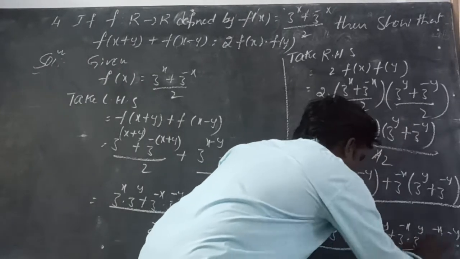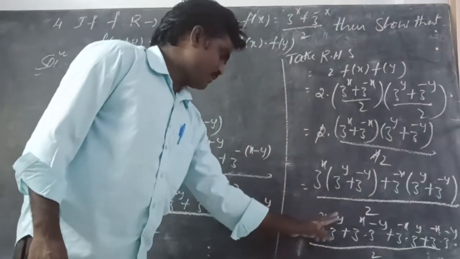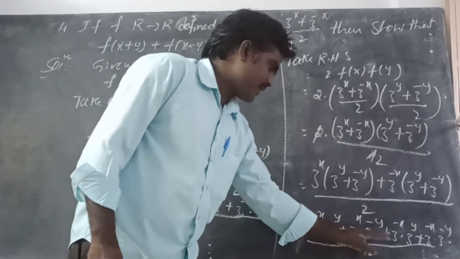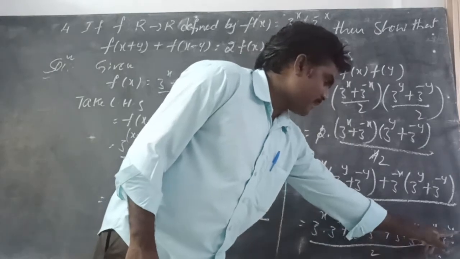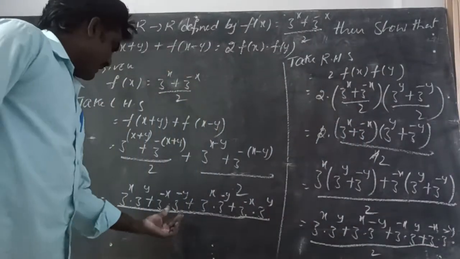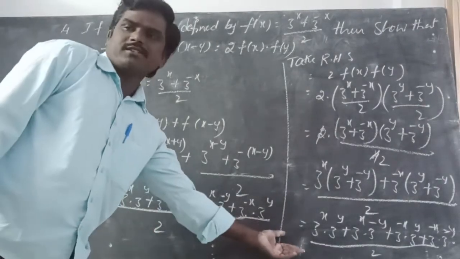By 2. Here, doing that for RHS, we get 3 power x into 3 power y plus 3 power x into 3 power minus y plus 3 power minus x into 3 power y plus 3 power minus x into 3 power minus y, by 2. Here LHS is also the same, you can get. So therefore LHS is equal to RHS.